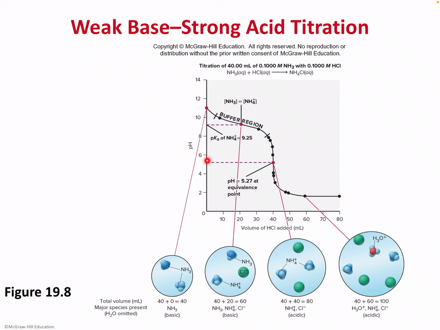The equivalence point will be reached below 7, because at this point what you have is ammonia becoming ammonium. Ammonia is the base, ammonium is the conjugate acid.